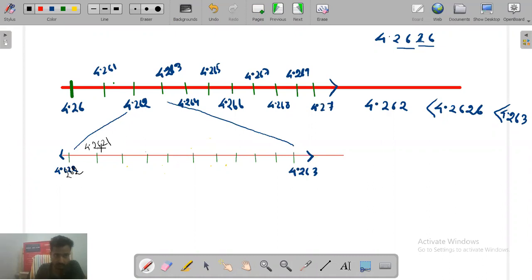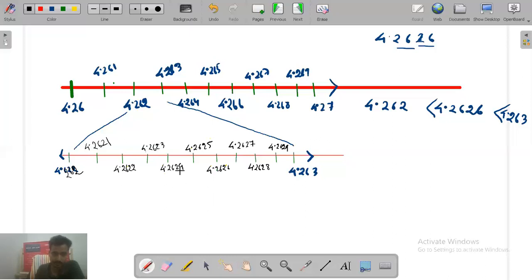So next will be 4.2621, next 4.2622, 4.2623, 4.2624, 4.2625, 4.2626, 4.2627, 4.2628, 4.2629, and this will be 4.263.